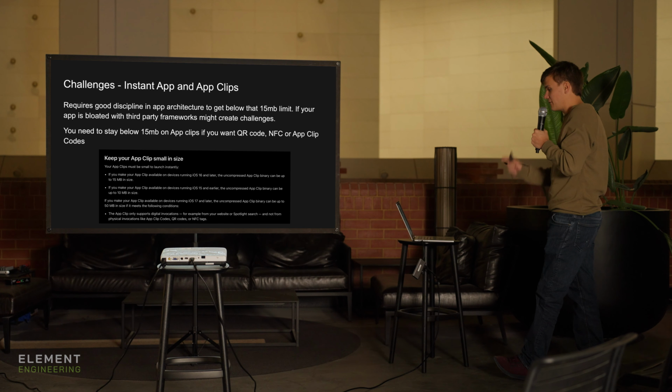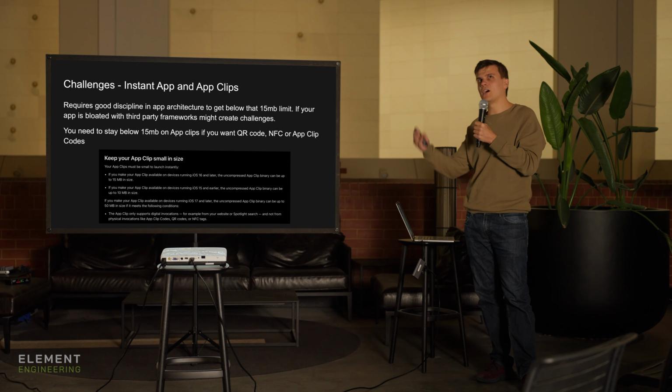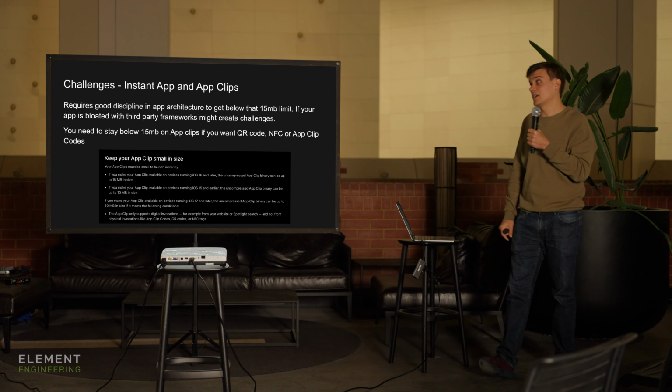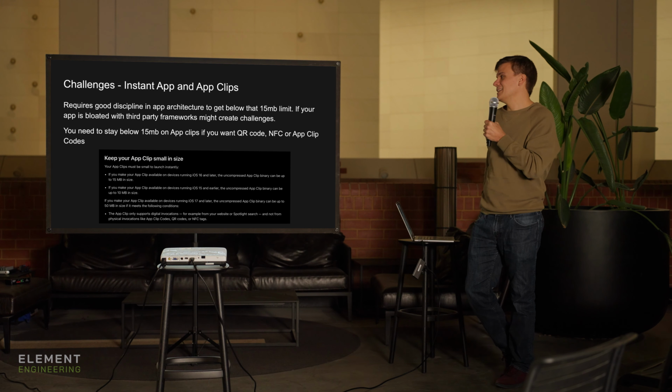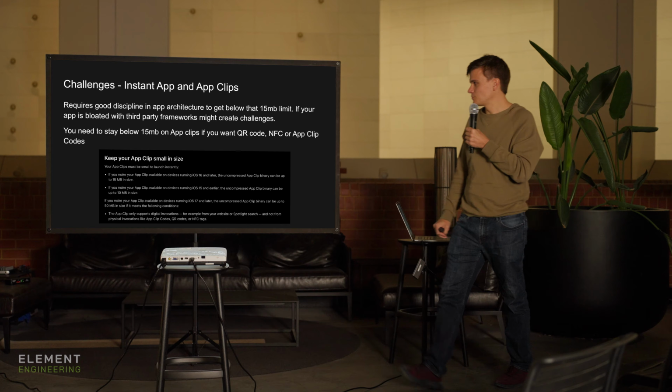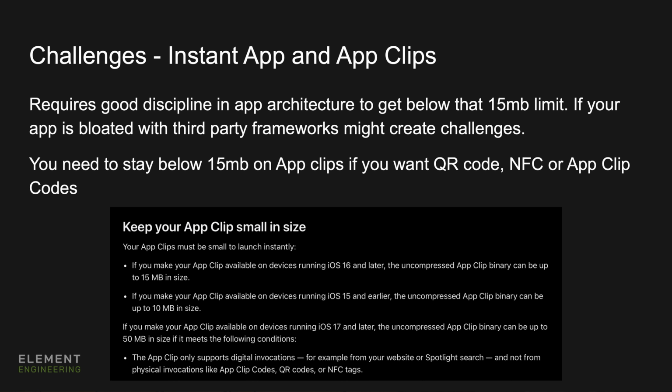The challenges. It requires 15 megabytes. That sounds like a lot, but once you add in tracking frameworks, because the marketing team always wants lots of them, you can quickly, Firebase itself is a couple of meg. You quickly weigh up in there, and again, hidden in the documentation, iOS 16, iOS 17, we can go to 50 meg, right?